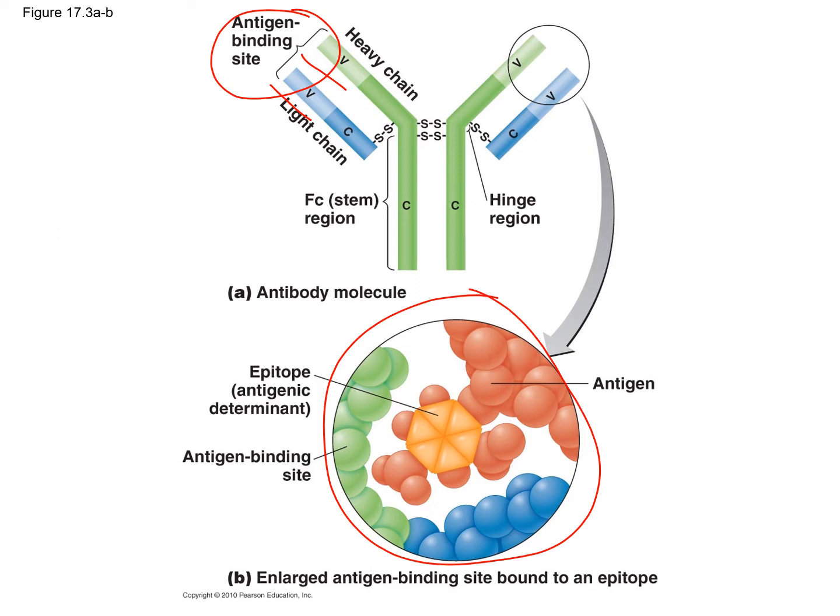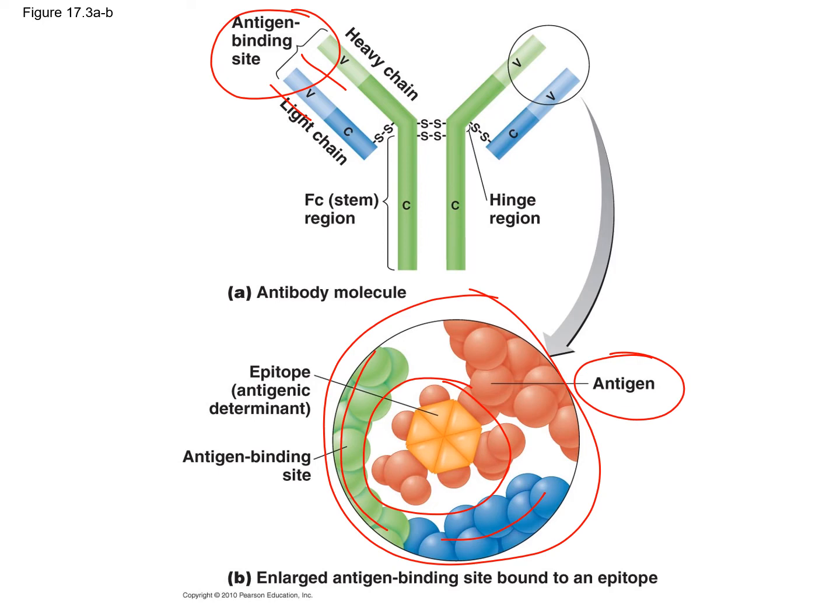Here you have the variable region of the heavy chain, variable region of the light chain, and together they create the antigen binding site. So this antigen binding site is going to bind to the epitope of the antigen.